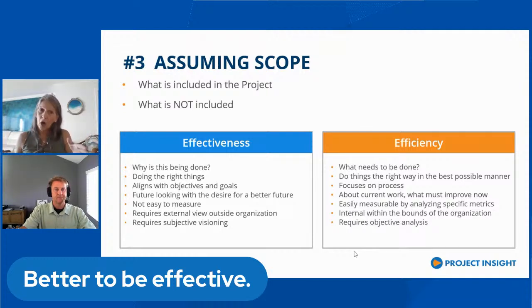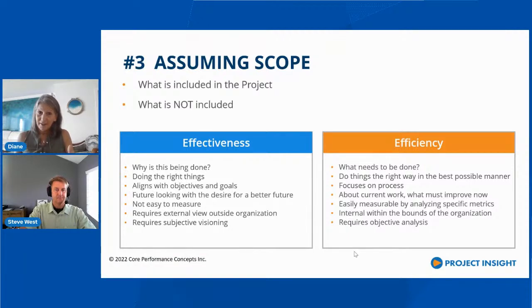So they are being effective. They may not be the most efficient, but the client's happy at the end. So if I had to choose between the two, I'd much rather have somebody be effective than efficiently working on the wrong things. Efficiently working on the wrong things means you went down the wrong path and the client didn't get what they wanted.